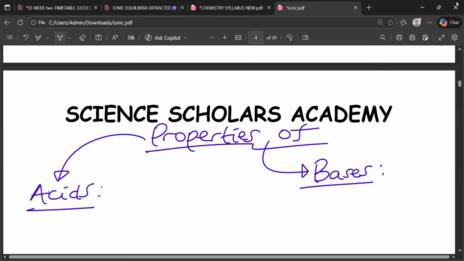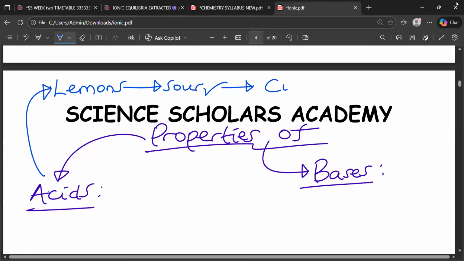So the lemon, let me just put it here. You all know lemons, and you all know lemons are sour. Why? The biology students know that lemons have what they call citric acid. So that word acid is very important.